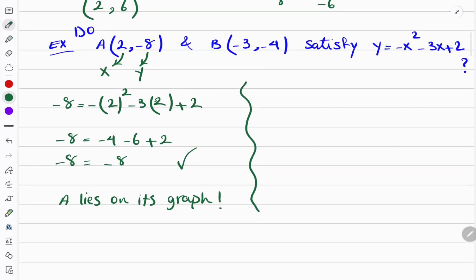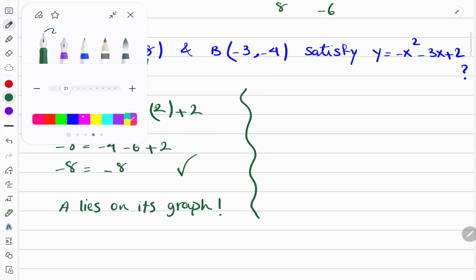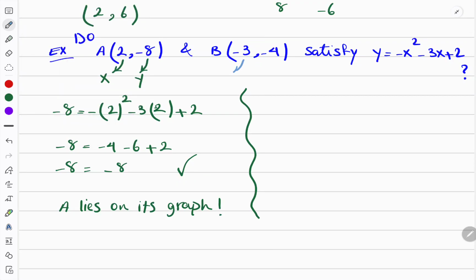And how about point B? x and y. y is -4, negative x squared minus 3x plus 2. Negative 9 and positive 9 cancel out, they add up to 0.